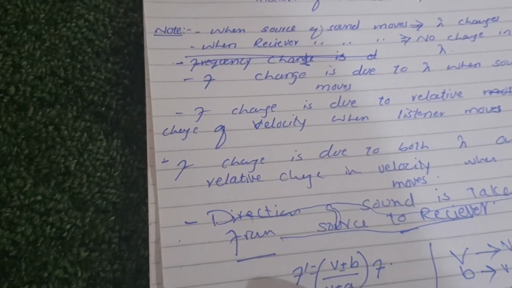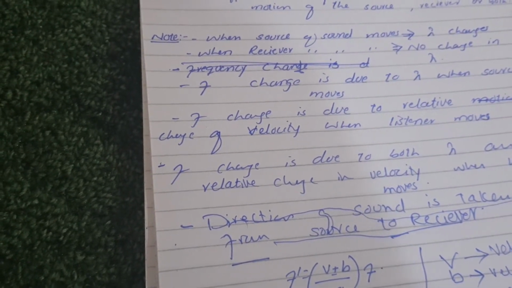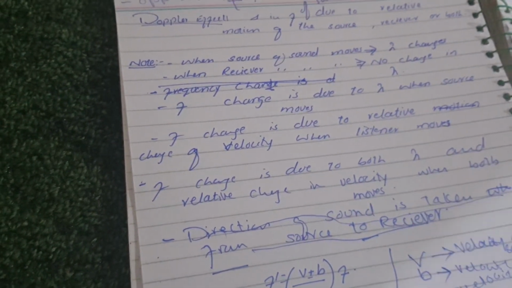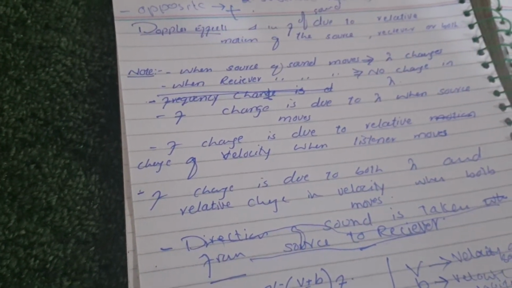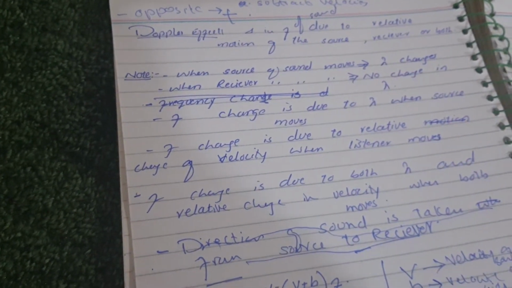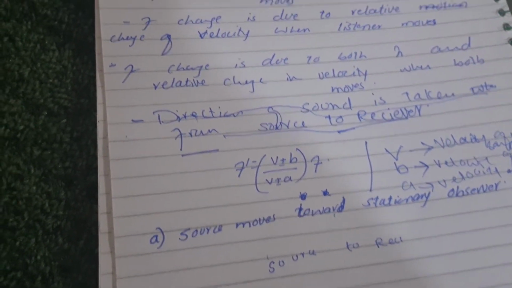In case of different direction, then put plus sign. Opposite direction, put plus, and same direction, put minus sign. This is one of the most important points that needs to be understood.